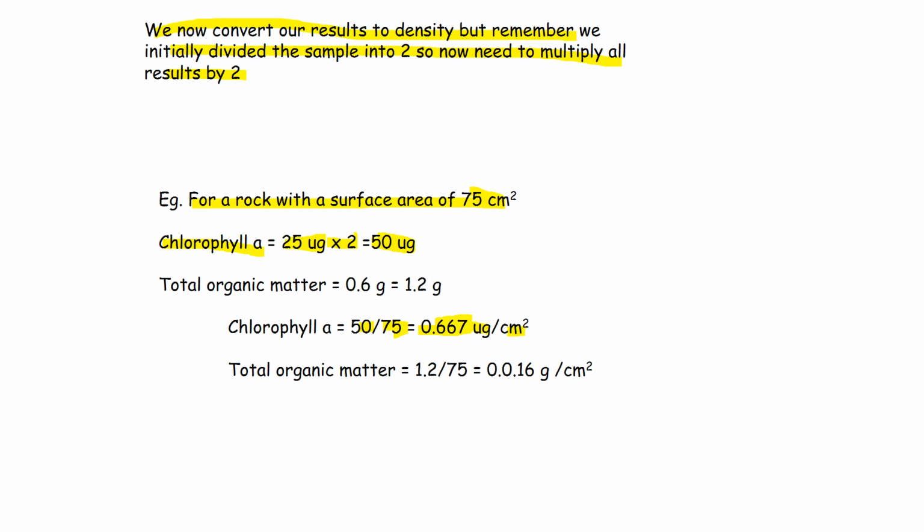Similarly, if this rock had 0.6 grams of organic matter in our sample, multiplying by 2 gives 1.2 grams. So the total organic matter would be 1.2 divided by 75, which is equal to 0.016 grams per centimeter squared.